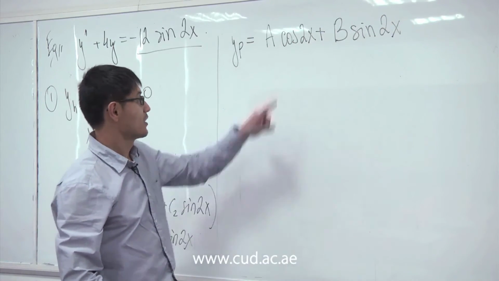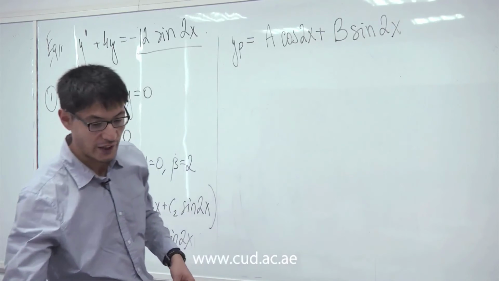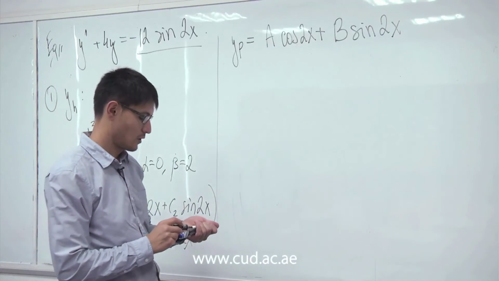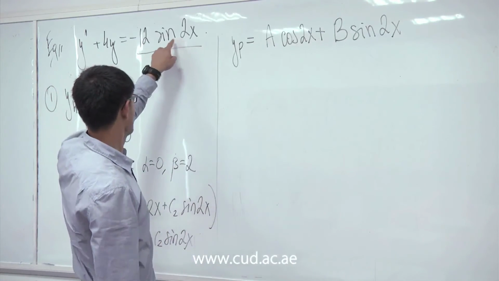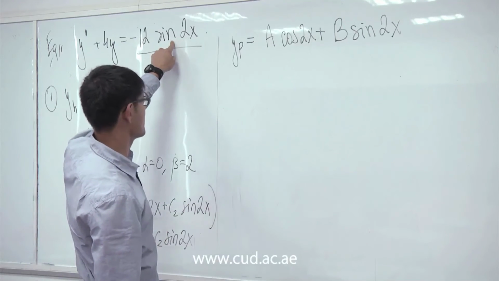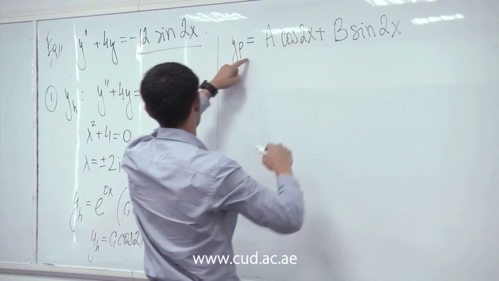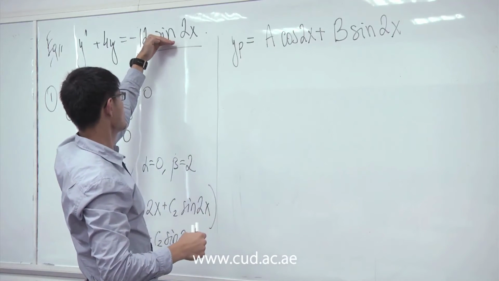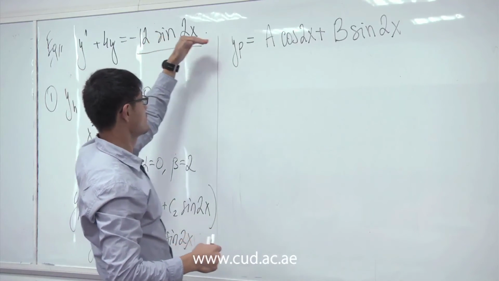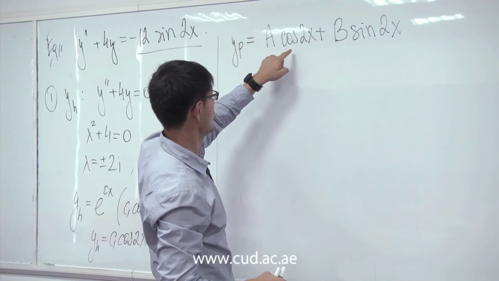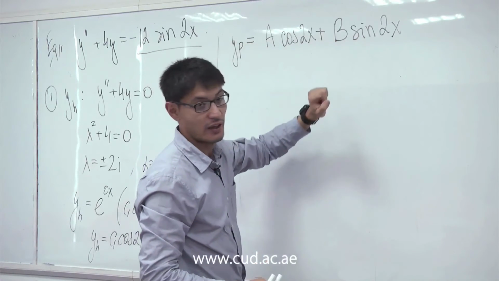Okay? Combination of cos 2x and sine 2x. So if I have sine 2x by itself, I still have to take both cosine and sine in yp. Even if I had, let's say, cosine 2x here, I would still choose yp to be cos 2x plus sine 2x.